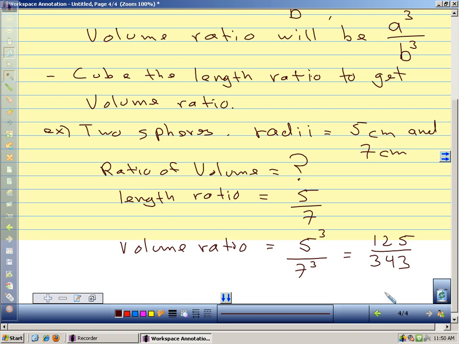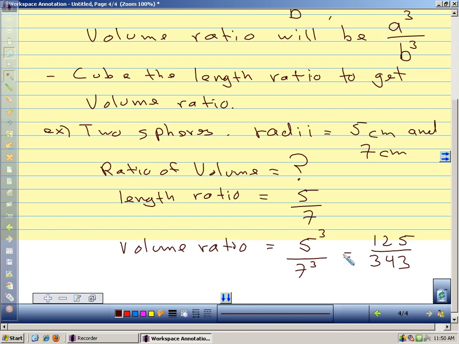Questions on that? So let's think about what we would have to do to go the other direction. What if we have the volume ratio and we want to find the length ratio? What are we going to have to do? Undo the cube, and how do we undo a cube? Cube root.